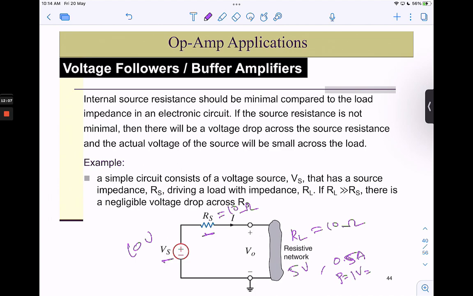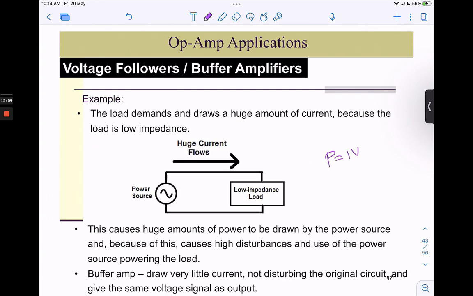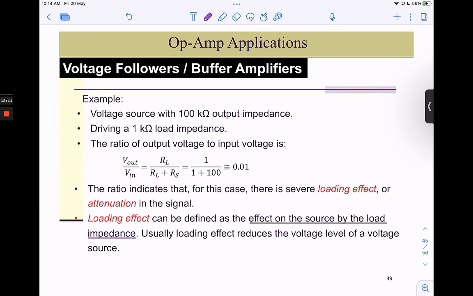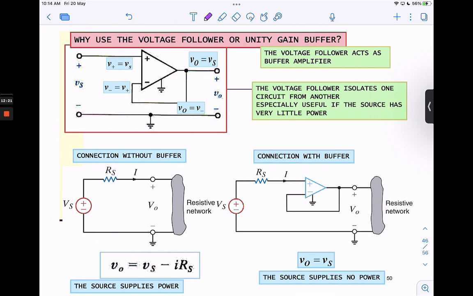So that is why we introduce the buffer amplifier. Okay. So let's say now we have this kind of circuit, connection with buffer. This is without buffer. So let's say we have 10 volt over here.